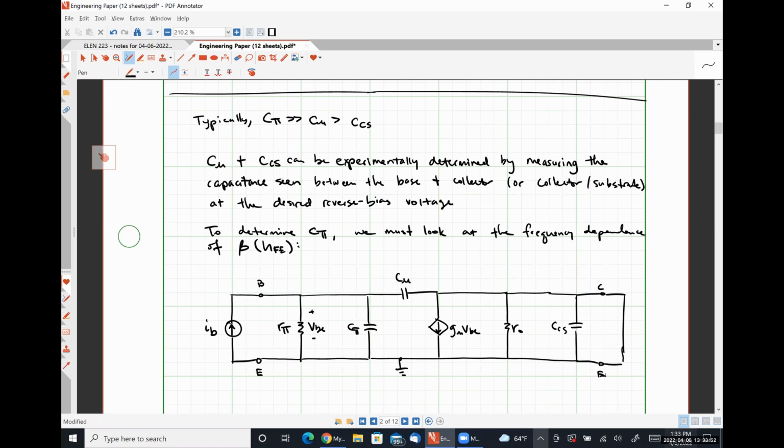Beta is the common emitter current gain of the system, so we're making the emitter the common terminal. This tells us how our device behaves. So we measure the current IC, and the ratio of IC to IB is the current gain, which is literally what beta is.